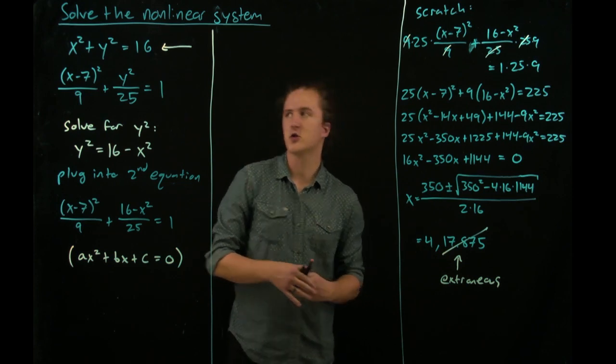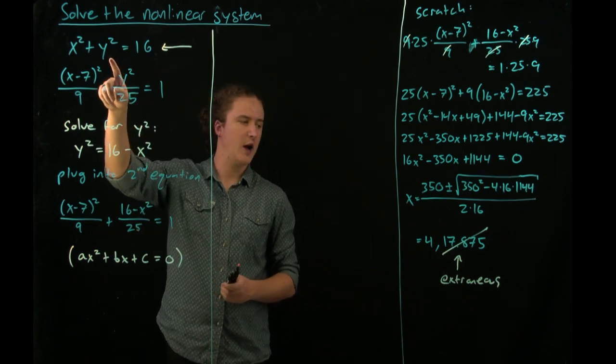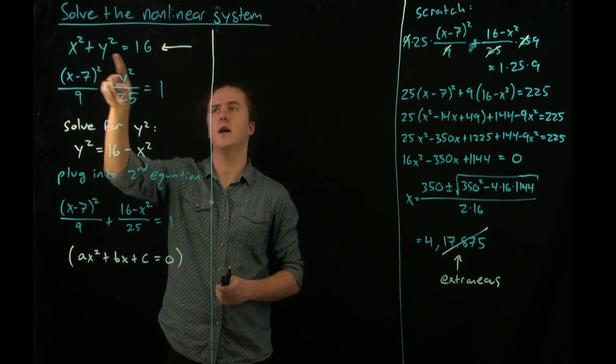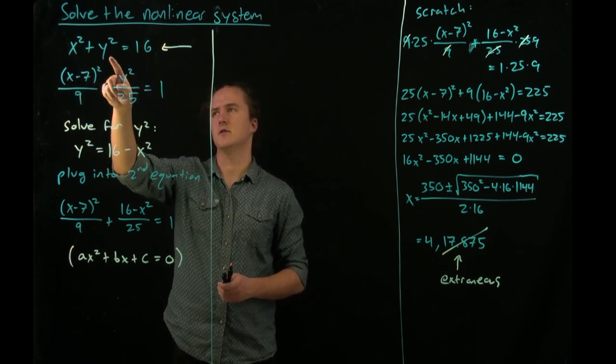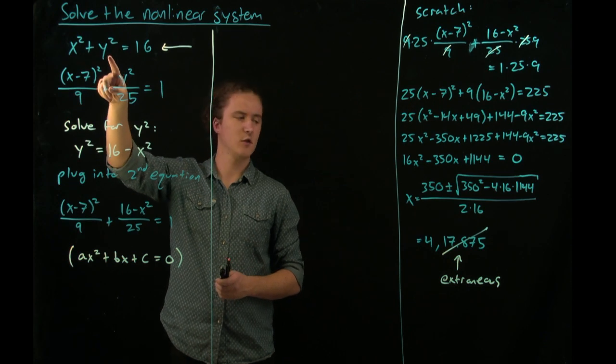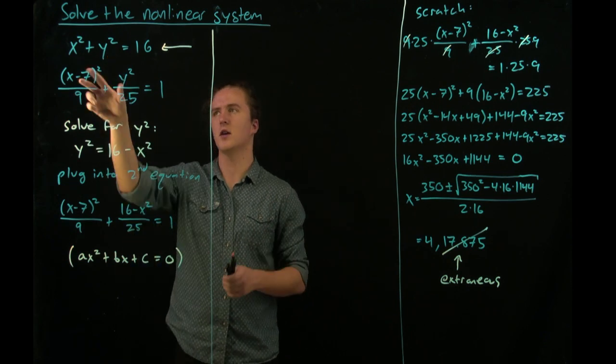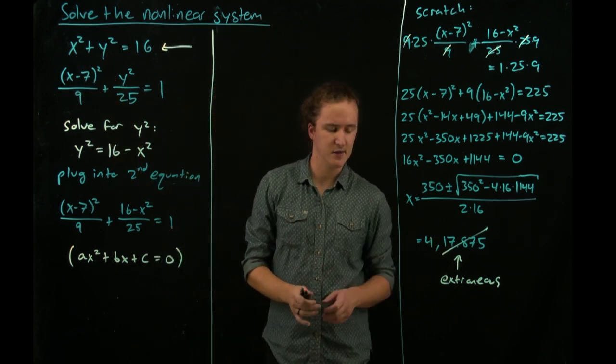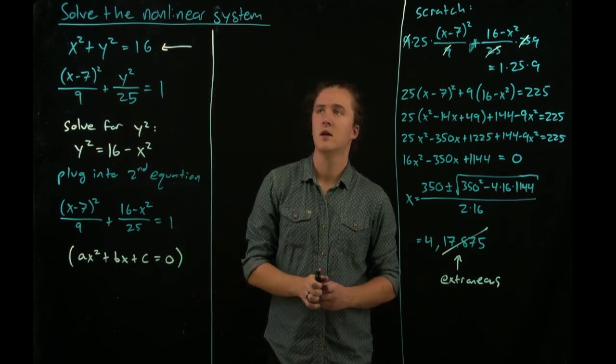Again, if we tried to solve for y here, we would have to square 17.875, which would be way bigger than 16, and would only give us complex roots for y. But again, we're looking for pairs (x, y) in the real plane, meaning that this is an extraneous solution.